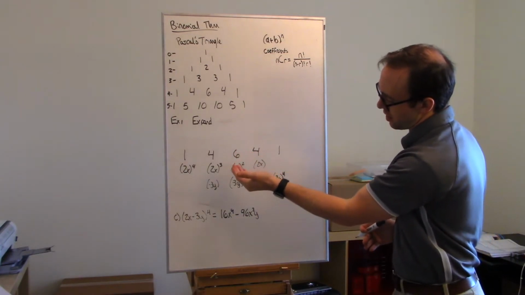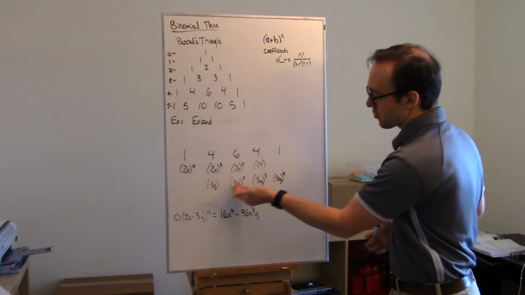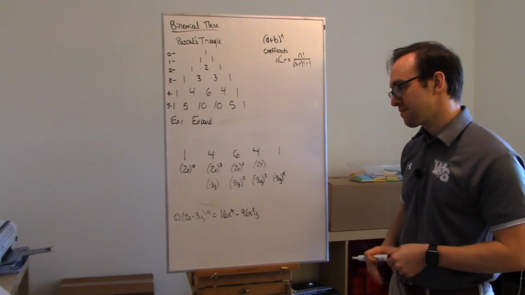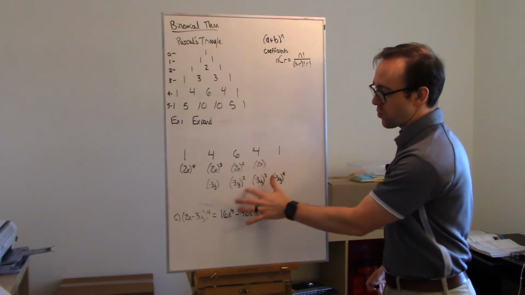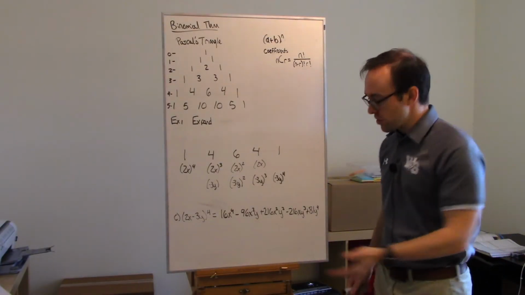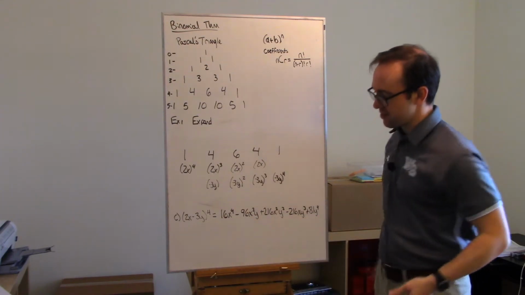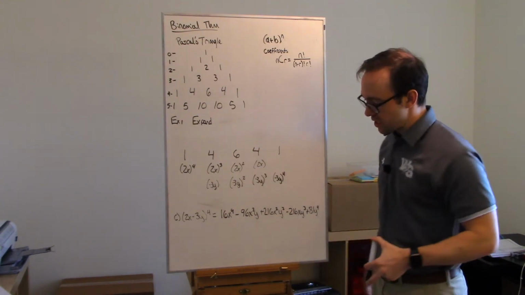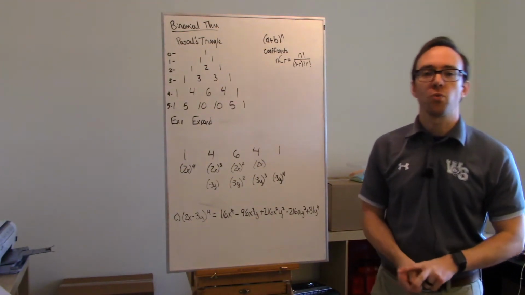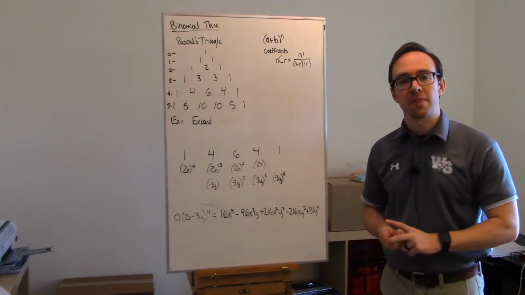And then next, 6 times 2 squared, which is 4, times negative 3 squared, which is 9. And then put your x squared, y squared. So your answer is 16x to the fourth minus 96x^3y plus 216x squared y squared minus 216xy to the third plus 81y to the fourth.